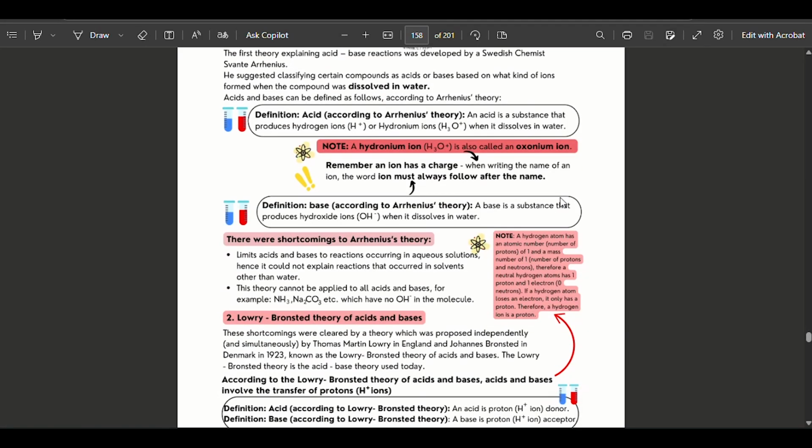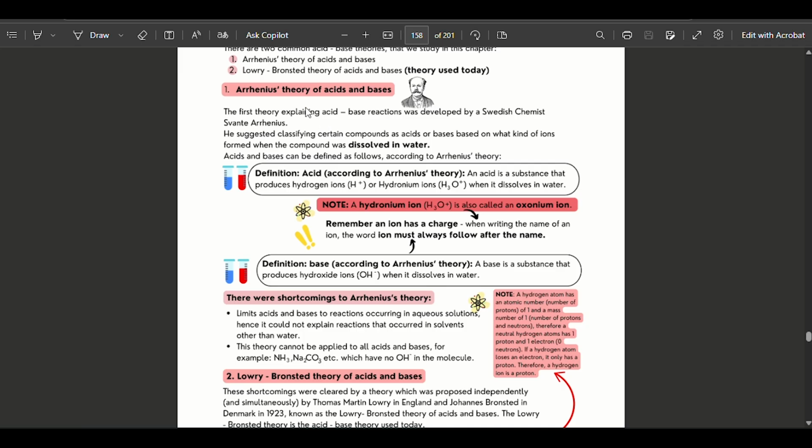Also, if they ask us for the definitions of an acid and a base according to Arrhenius theory, we'll know that an acid is a substance that produces hydrogen ions or hydronium ions when it dissolves in water, and a base is a substance that produces hydroxide ions, OH minus ions, when it dissolves in water.